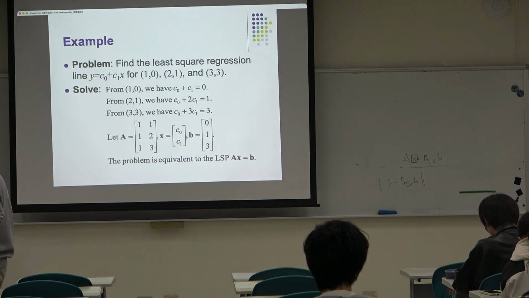Okay, so if you assume this line is y equals c0 plus c1x, we have 3 points. You plug in these 3 points, and this will give you 3 equations.